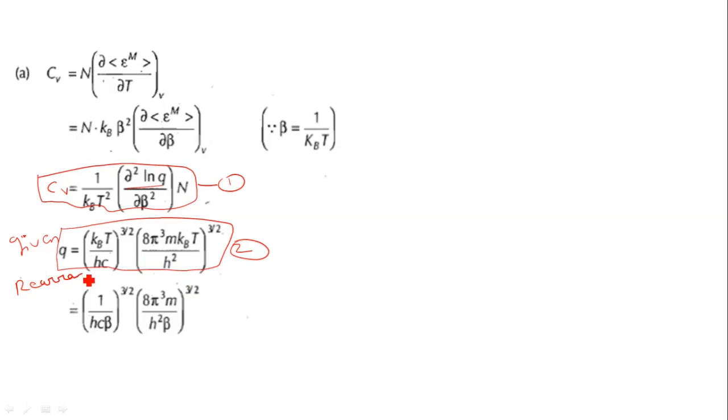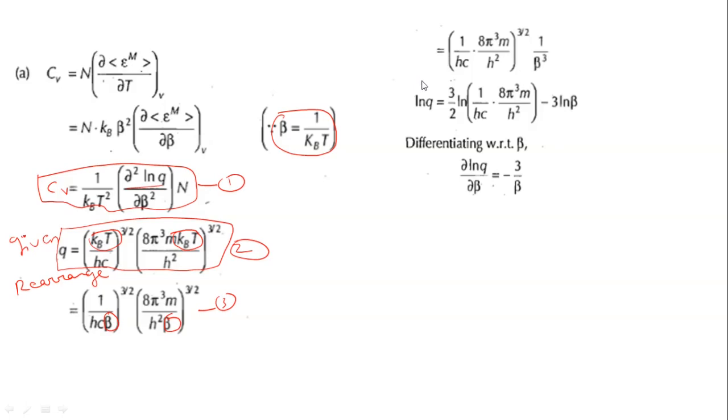Put beta equal to 1 by kBT. So this kBT becomes 1 by beta, raised to the power 3 by 2. You will get this equation. Let this equation be 3.